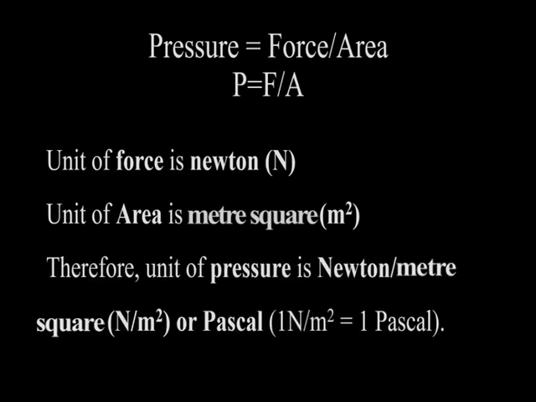Therefore, the unit of pressure is Newton per meter square, N/m², which is also called Pascal. I have given the relationship here. You can see 1 Newton per meter square is equal to 1 Pascal. Pascal is the name of the scientist, and this unit is derived from his name. I hope this is clear.